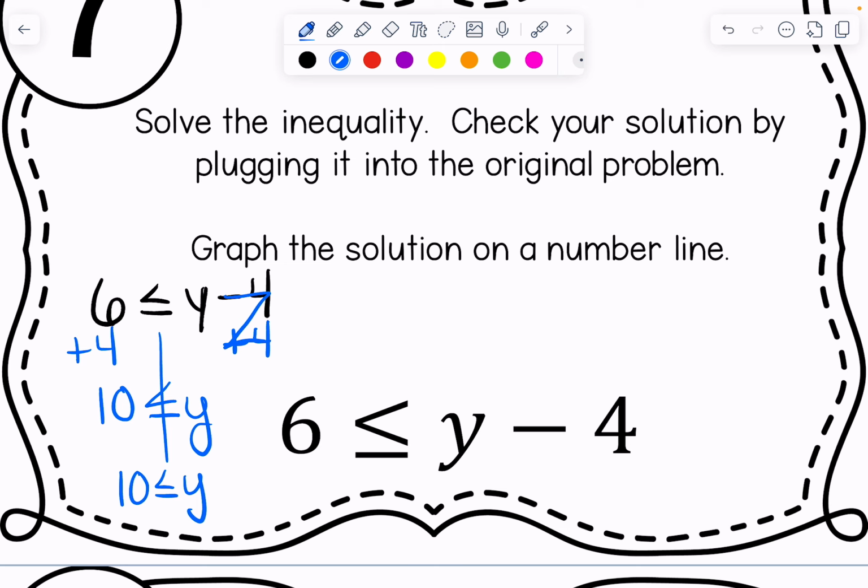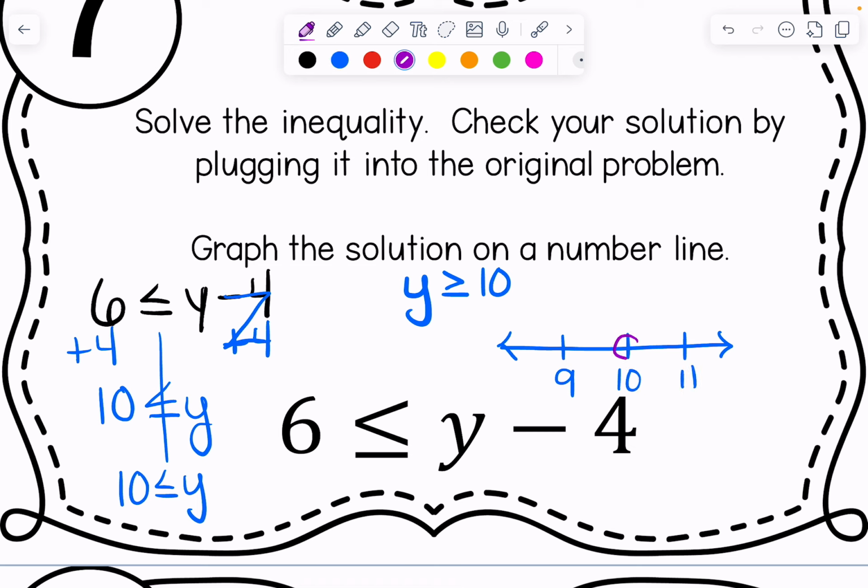Sometimes inequalities are easier to understand if our variable is on the left. So I'm actually going to rewrite this as y, and then I want to make sure I flip that inequality: y is greater than or equal to 10. And so now if I were to graph this, I'm going to have 3 numbers on my number line: 9, 10, 11.